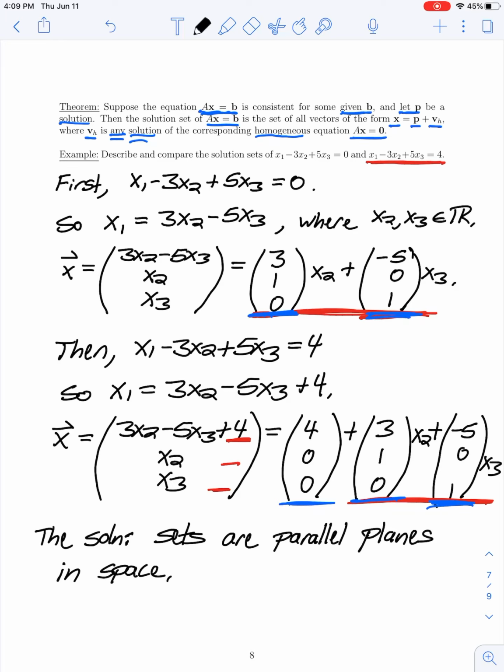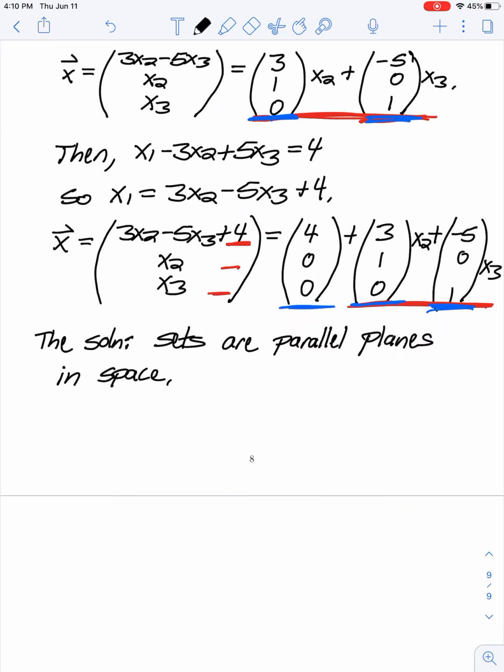Here, for this example, we have a homogeneous solution set, which is a plane through the origin spanned by two vectors. And if we look at the corresponding non-homogeneous equation, we have a plane spanned by the same two vectors, but not passing through the origin. It's been shifted by 4 units in the x1 direction.